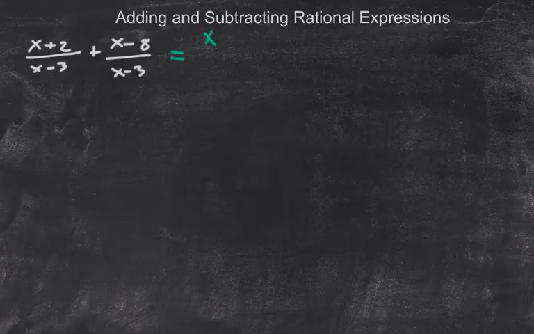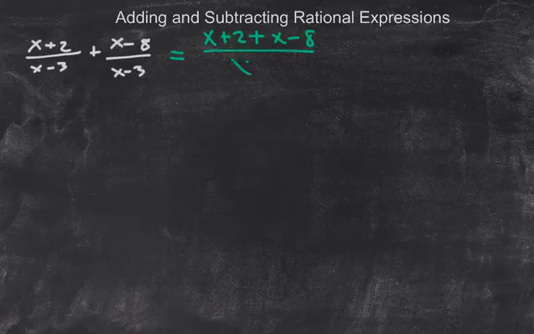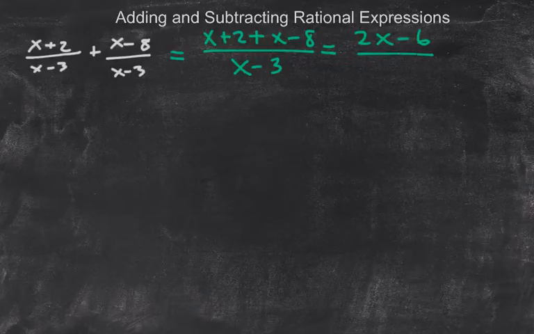So I'll get x plus 2 plus x minus 8 all over x minus 3. And so I can go ahead and combine like terms, so I get 2x minus 6 over x minus 3. And before I'm done, I always want to think, well, are there any giant ones hiding in this expression?